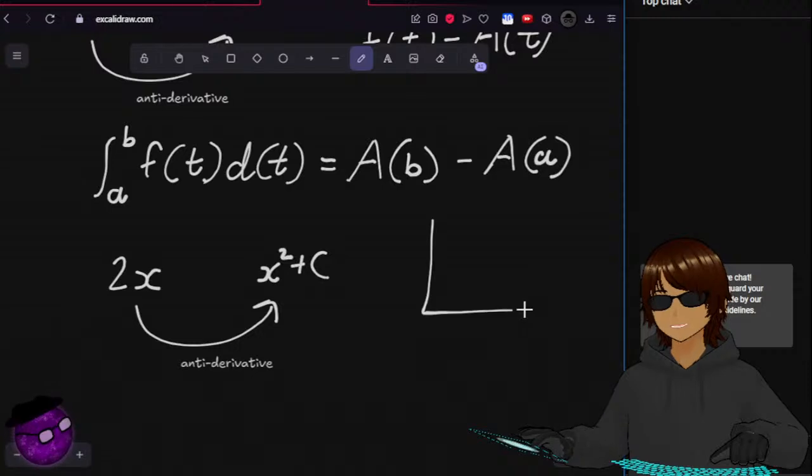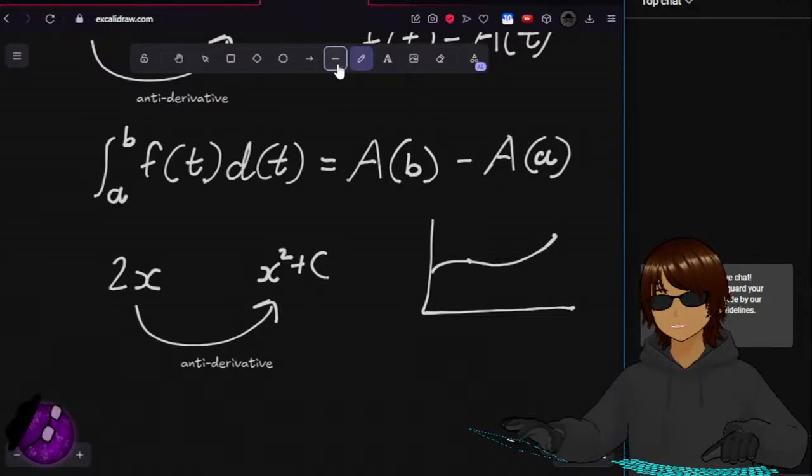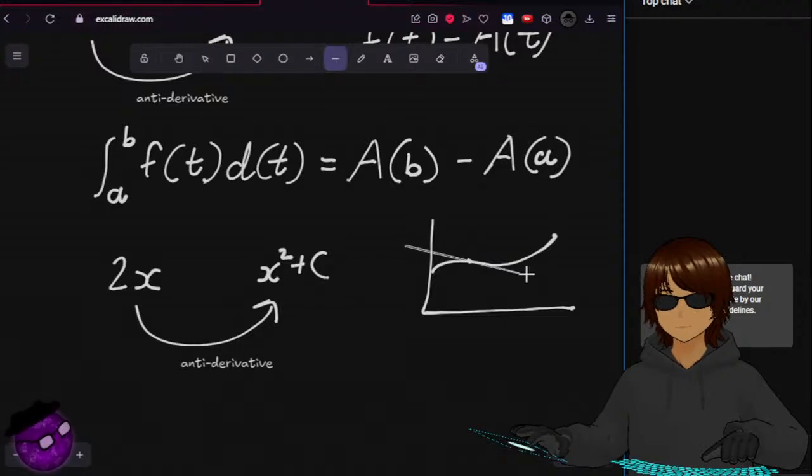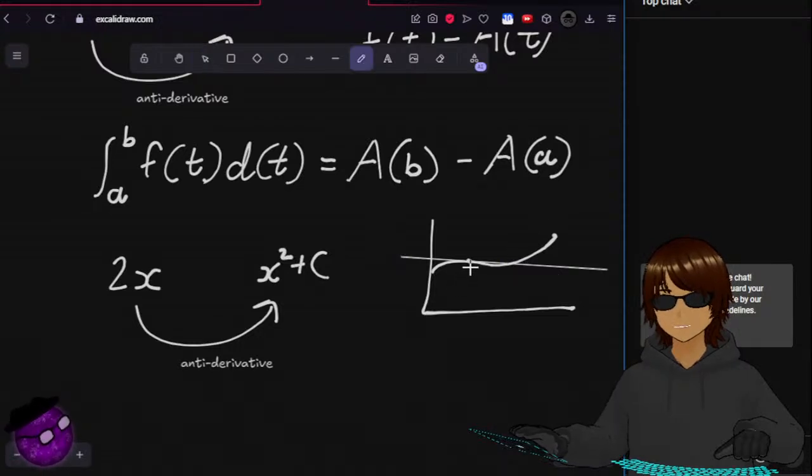Basically, another way of seeing this is, if you have a graph, derivative tells you the tangent line. I don't know if this looks good. It's almost straight. I should do this again.